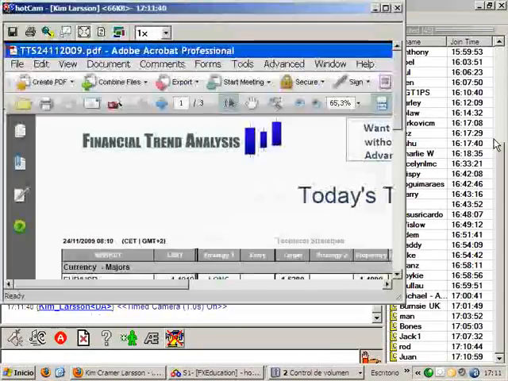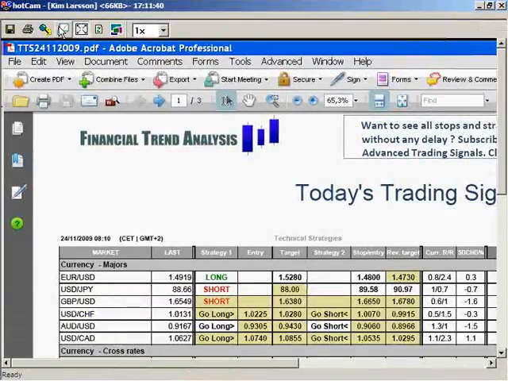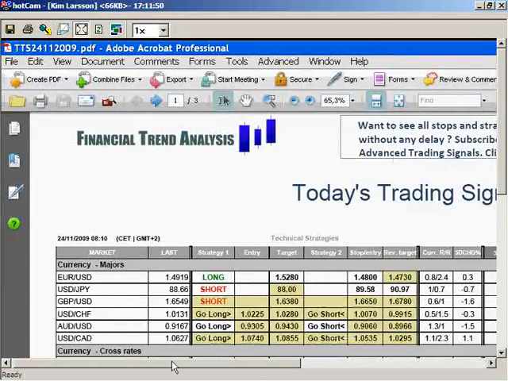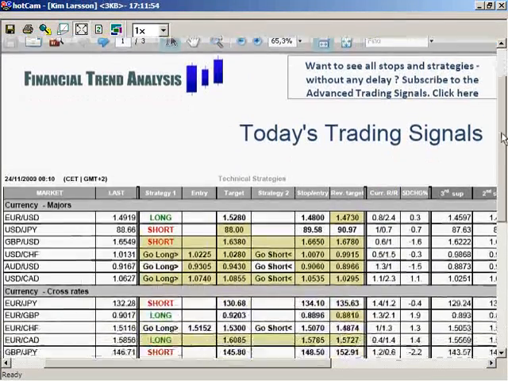Going back to the trading signals, which is published on FX Street. Over here we have something called current risk reward.